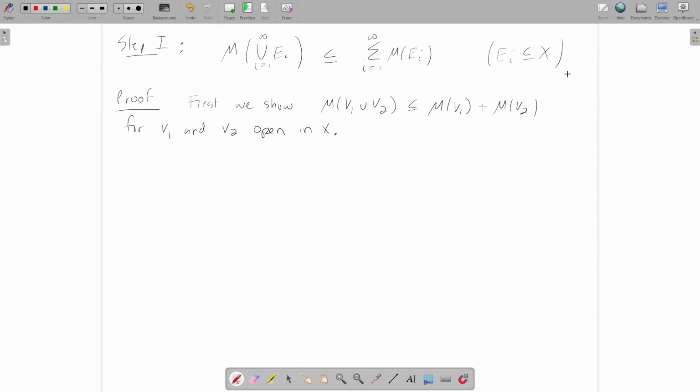So it's a special case. Choose G less than V1 union V2, right? The union of two open sets is open, and we can use the Urysohn lemma.